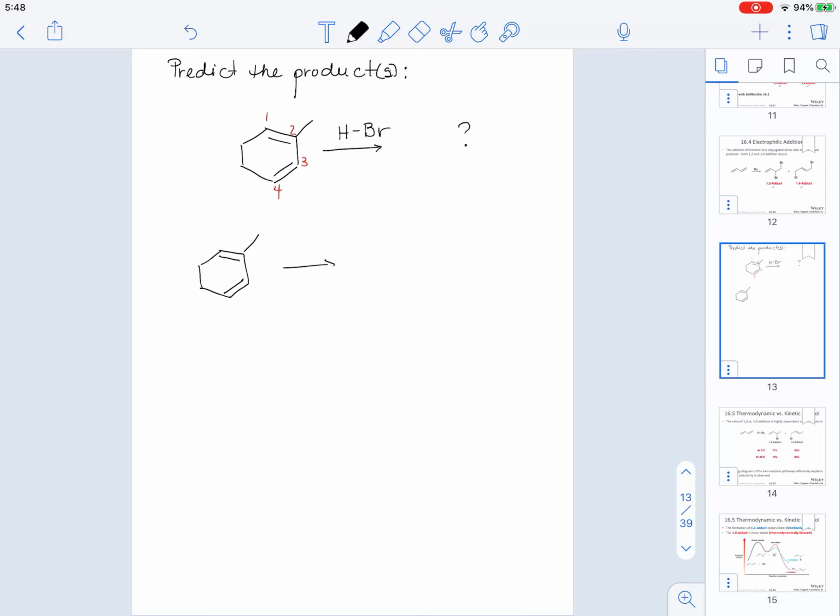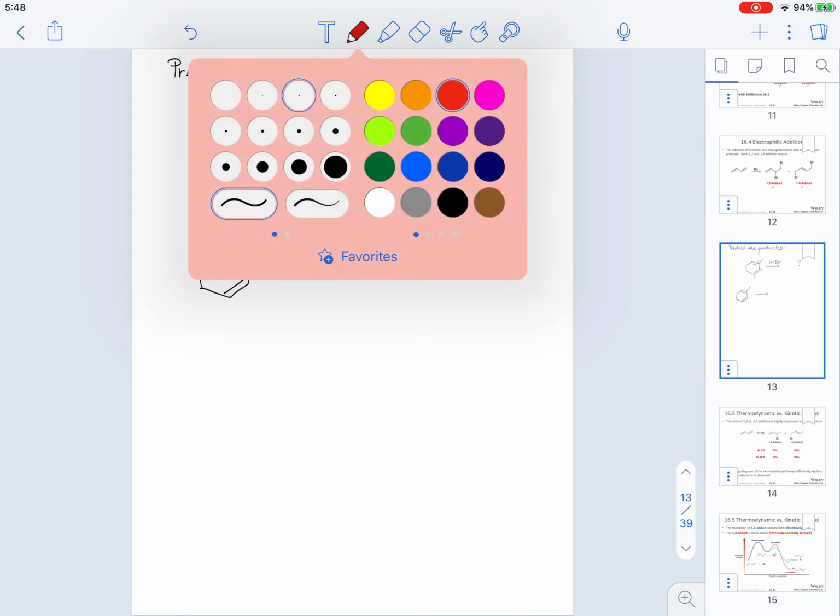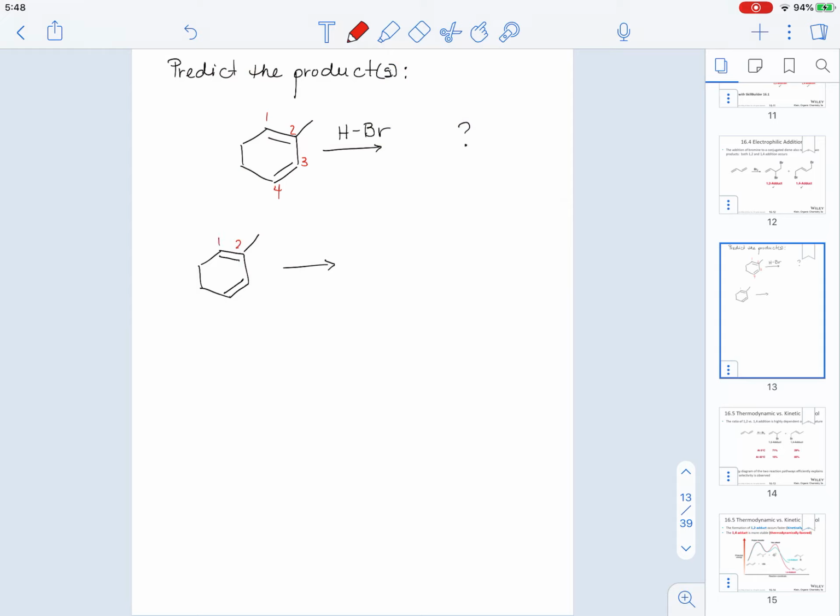And in the first step of the reaction, I'm just going to be focusing on the double bond of 1 and 2. So if this is reacting with HBr, let me just redraw HBr.